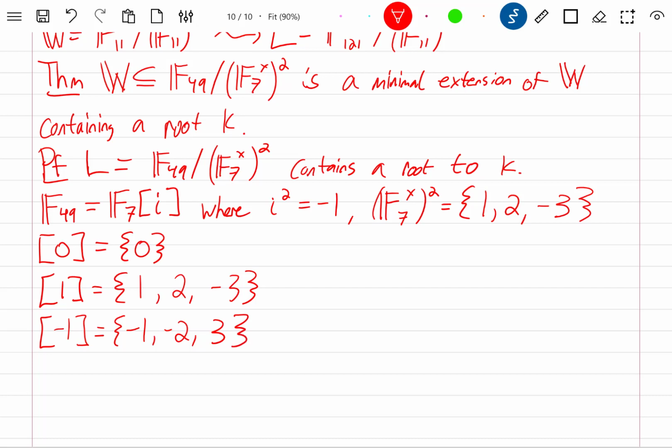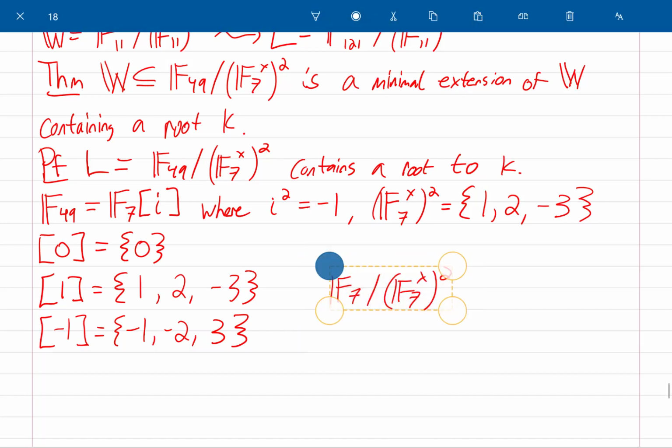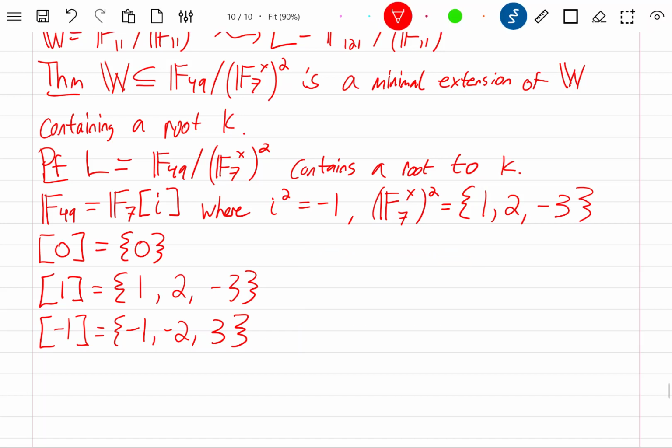And this is nice because -1 is not a square, so you just have these 3 in our hyperfield of signs. So this here constitutes our F7 modulo the squares. And that's why I have written things as 1, 2, and -3 rather than 1, 2, and 4.